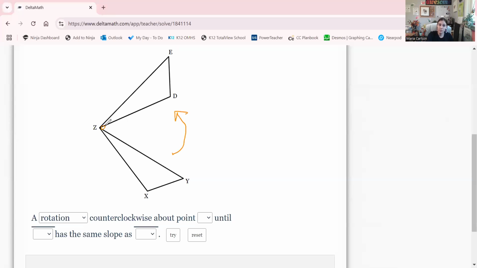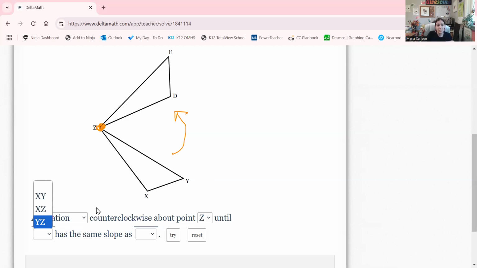So I hope you notice that these two triangles share a point Z. So that is where it is rotating around. It's rotating about point Z until these corresponding segments have the same slopes. So ZE, for example. Oh, we're looking at the first triangle. That's the new one.